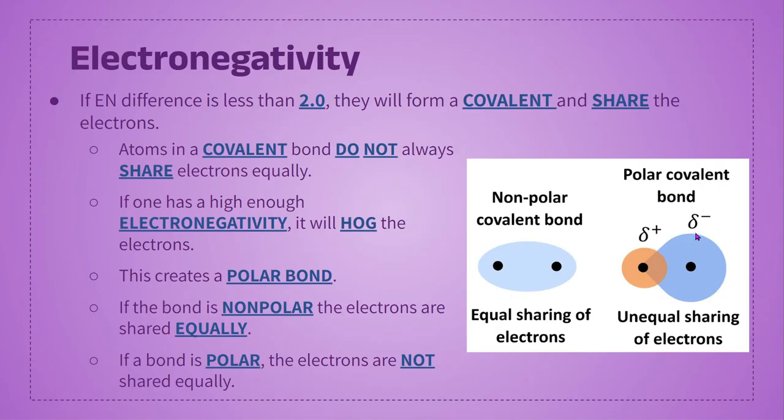Because the electrons spend more time around one atom in a polar bond, that atom carries a partially negative sign. Not a full negative sign, but it's more negative than the other end. In nonpolar bonds, the electrons are shared equally, and you would see it like this.